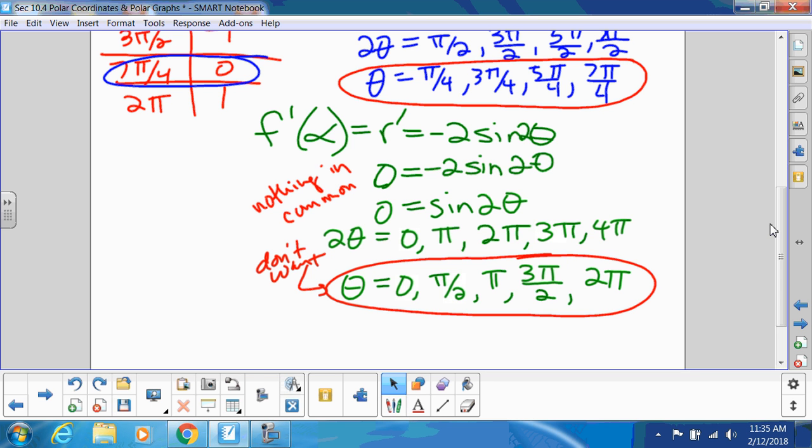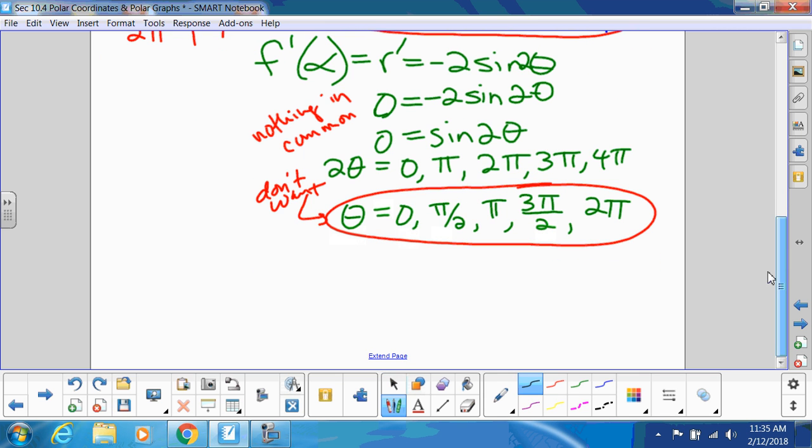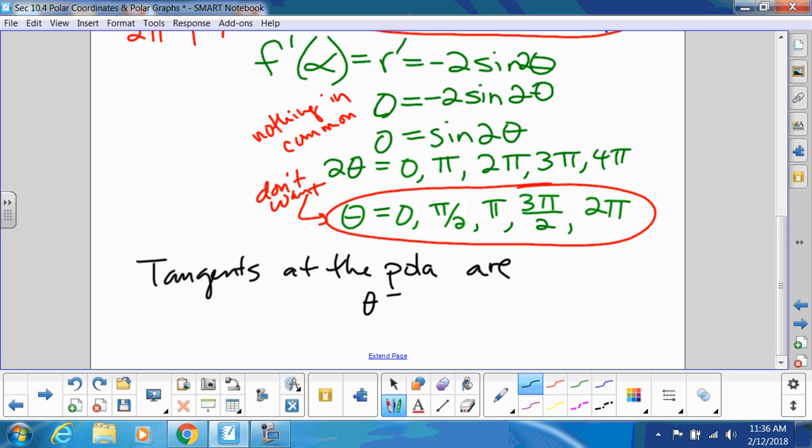So that just means we're going to have tangents at all of those different thetas. The tangents at the pole are, and remember the actual lines, those straight lines, the tangents are theta equals those values. That's the whole equation.